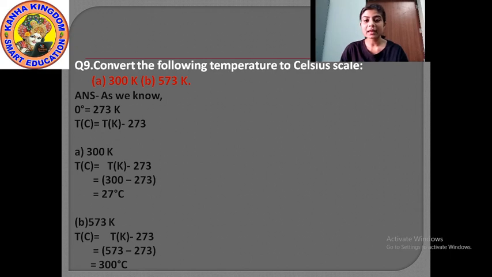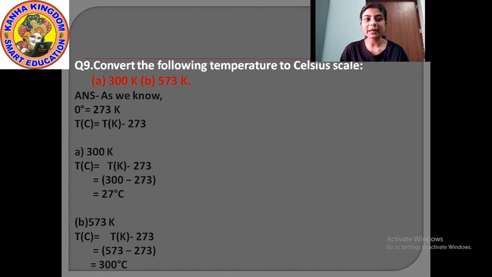Now again, number B, the temperature given is 573 Kelvin. This one also you have to subtract 273 from.